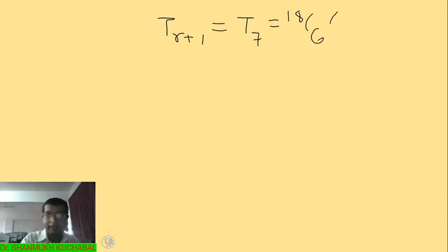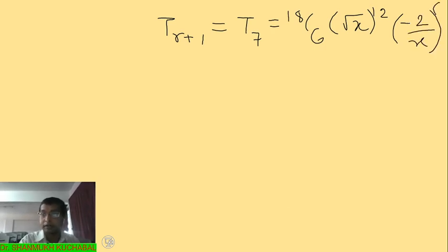That is, we have to take the general formula T r plus 1, r equal to 6, T7 equal to nCr, 18C6 root x raised to 12, and minus 2 by x raised to 6.